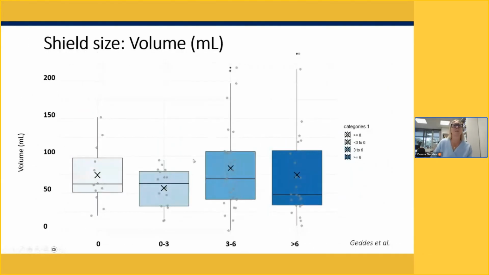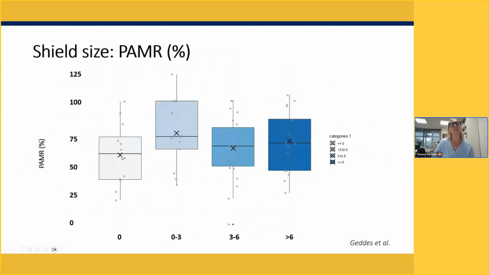Now, this is some preliminary data that I'm showing you now, where we have had some mothers fitted to the nipple, whatever we might define that as now. And then we have 0 to 3 millimeters, 3 to 6, and above 6 millimeters greater than the nipple diameter. And you can look at the volumes, and there is no significant difference here between the volumes removed by a tighter shield versus a larger shield currently.